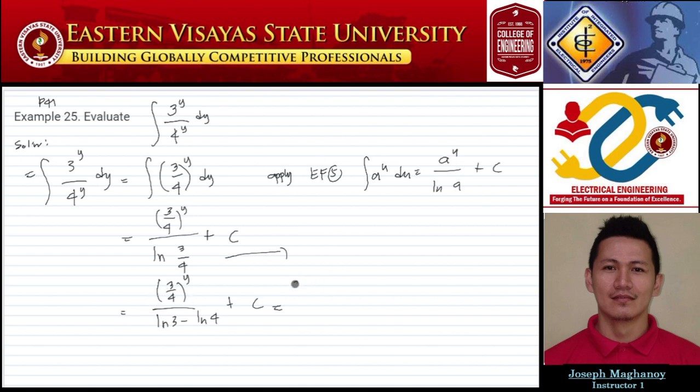So this is 3 raised to y over 4 raised to y over ln 3 minus ln of 4 plus c. So we move the denominator. Finally, your final answer is 3 raised to y over 4 raised to y times ln 3 minus ln 4 plus c. So that is your final answer for your example number 25.